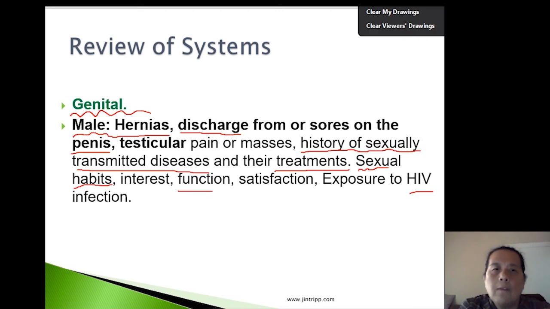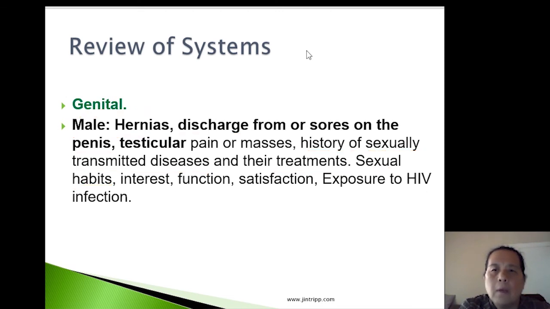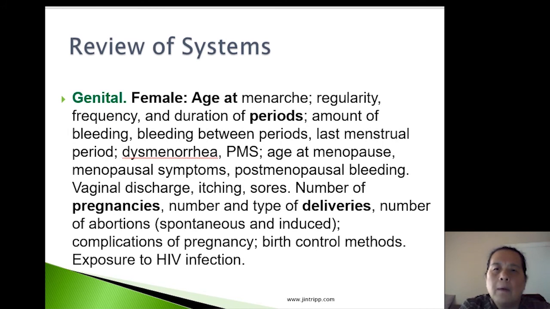For the female, we still have a lot of questions. That's basically even more questions here. So for the female, mainly questions go to menstruation, the age, if it is regular or not regular, the time, and the duration, the period, and the amount of the bleeding.